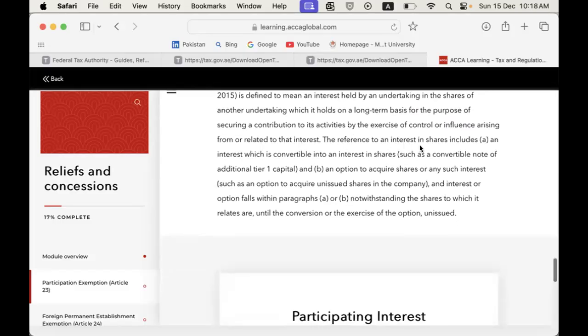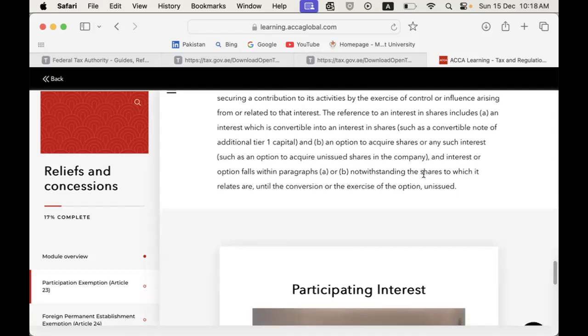The reference to an interest in shares includes an interest which is convertible into an interest in shares, such as a convertible note of additional tier 1 capital. So there may be a loan which is convertible. That could also be seen as a participation interest. An option to acquire shares. So share options could also be seen as participating interest.